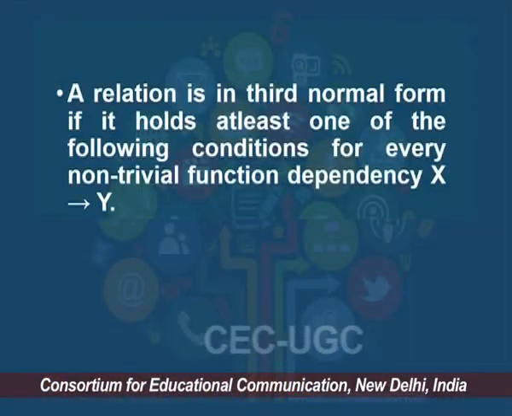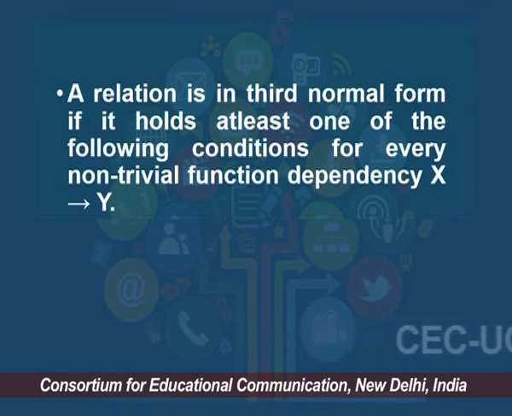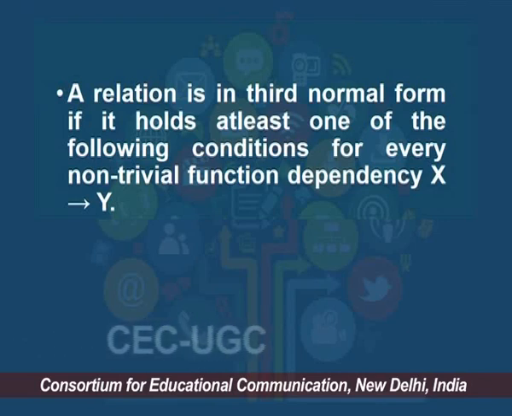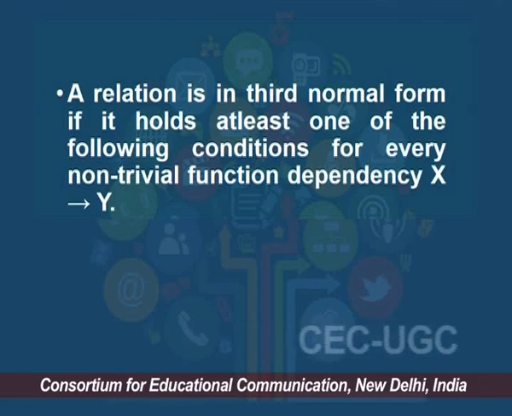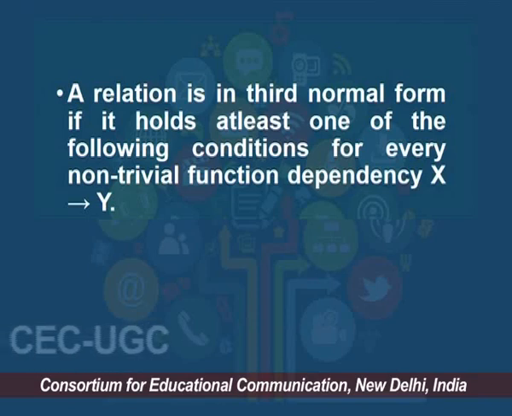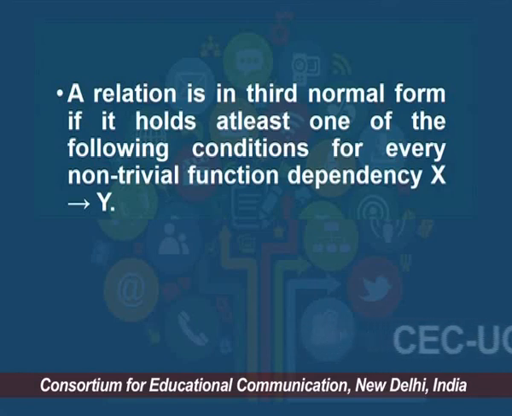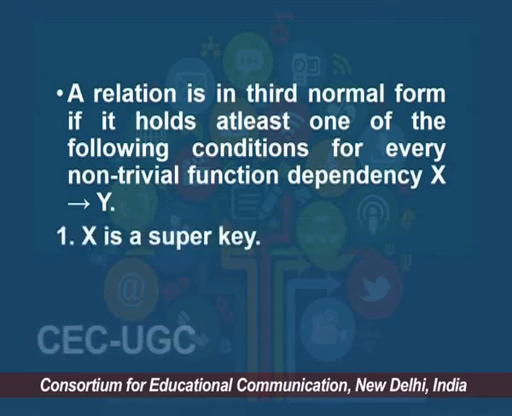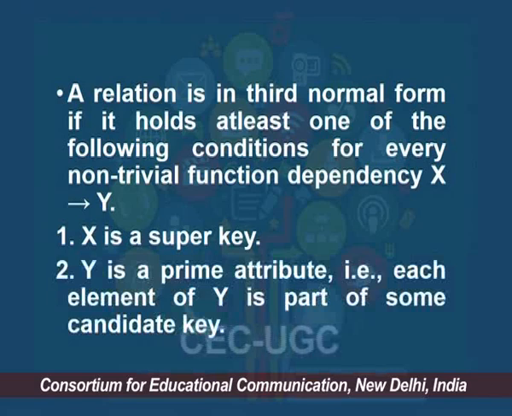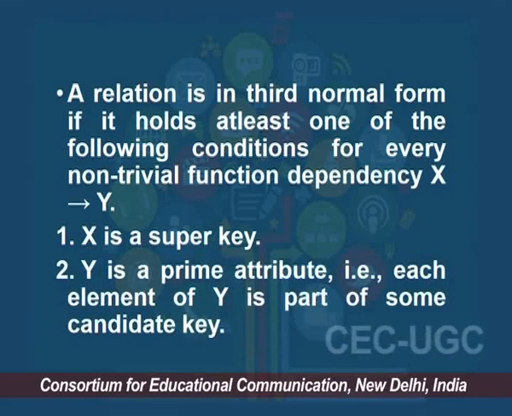So what we can conclude from here is that a relation can be called in the third normal form if it holds at least one of the following conditions for every non-trivial functional dependency between X and Y, where Y is dependent on X. X should be a super key, or Y should itself be a prime attribute, that is, each element of Y is a part of some candidate key.